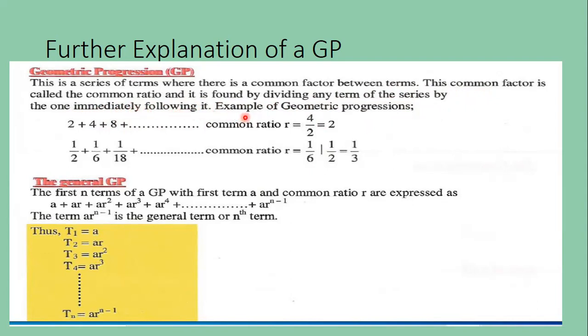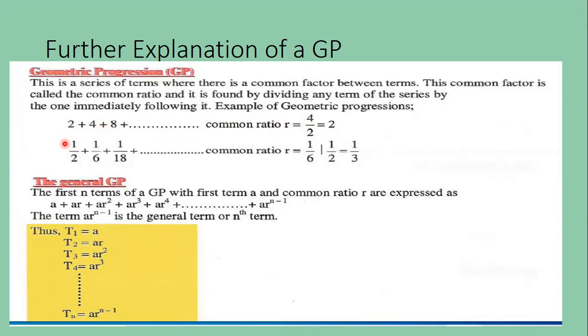For example, let's look at the examples below of the GP. Look at this first example here, 2 plus 4 plus 8 plus dot dot. The common ratio there is going to be 4 over 2, which is 2. 2 is followed by 4, so to find the common factor we say 4 divided by 2.